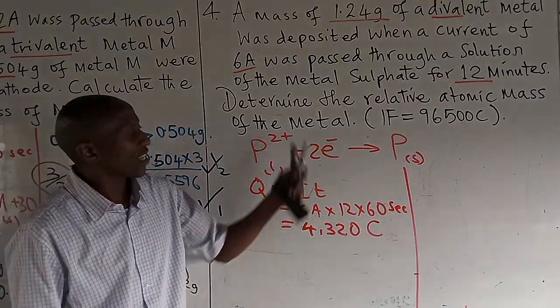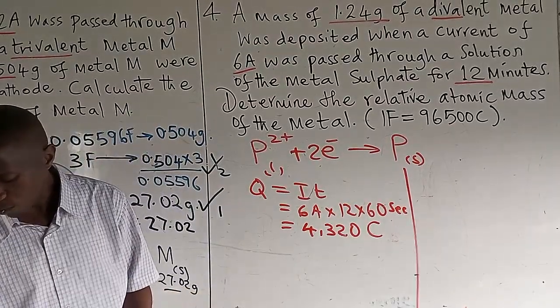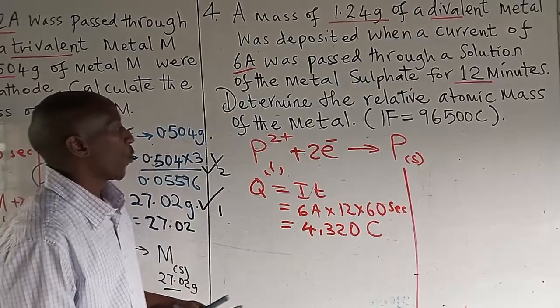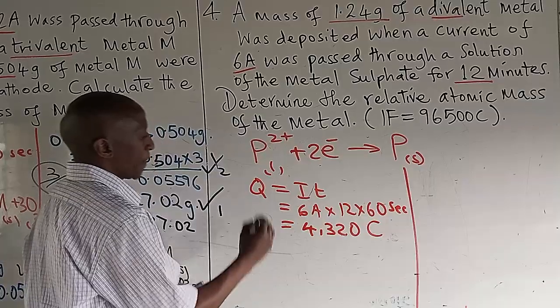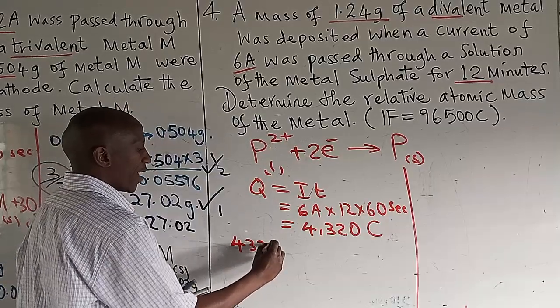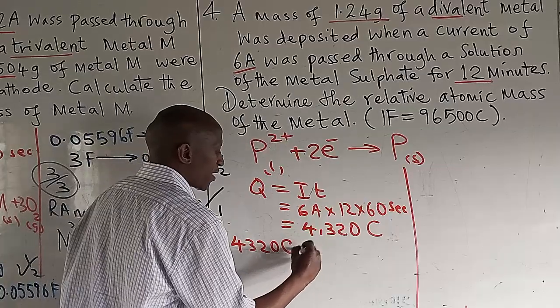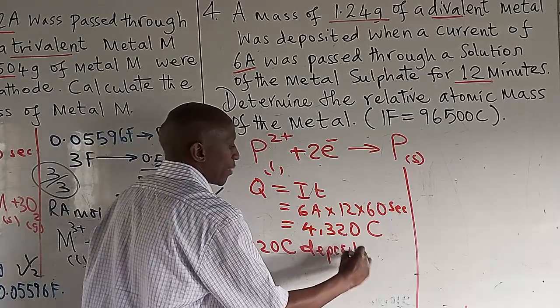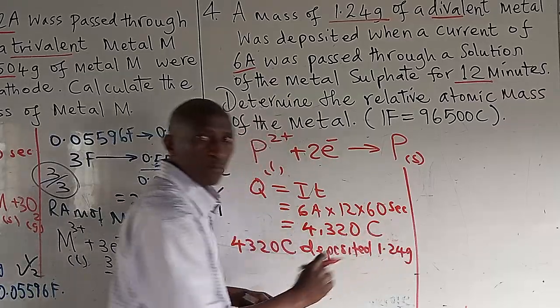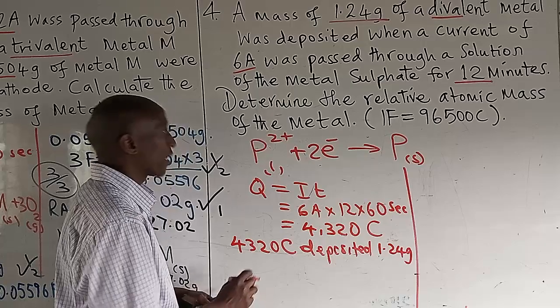Now, what is the relationship here? How do we relate it in this case? We can do a relation and say that the 4,320 coulombs deposited 1.24 grams.